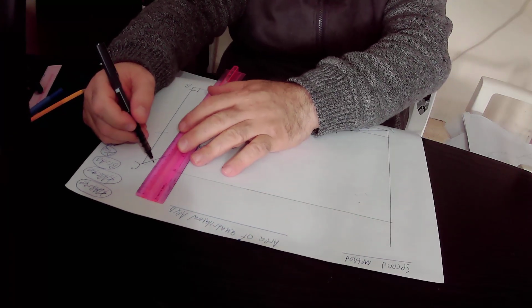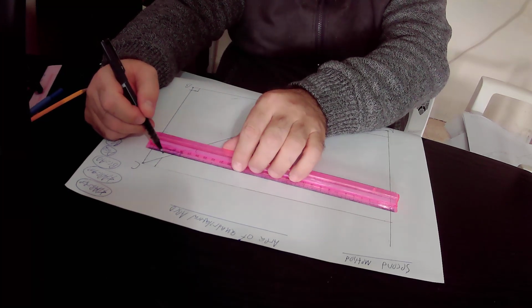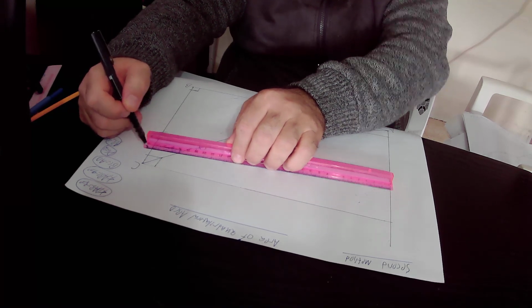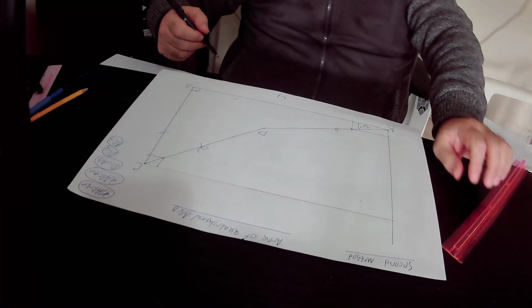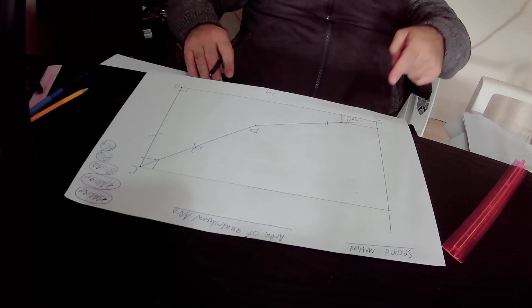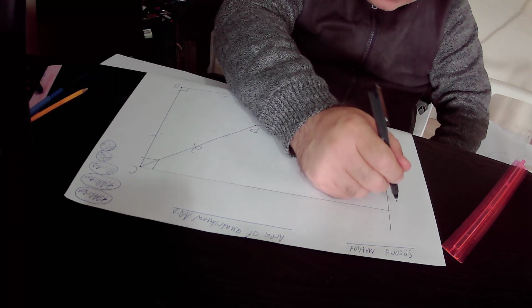So this angle will be a right angle, that is to say, equal to 90 degrees. And we'll define the intersection point between the perpendicular from point A and the perpendicular from point C as point E.